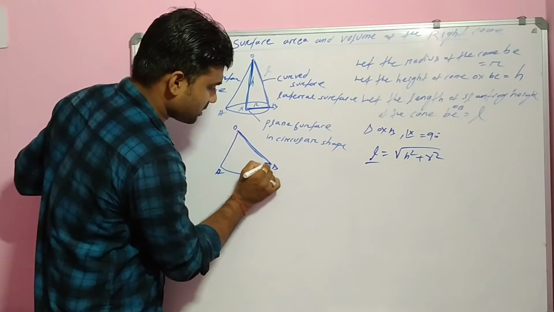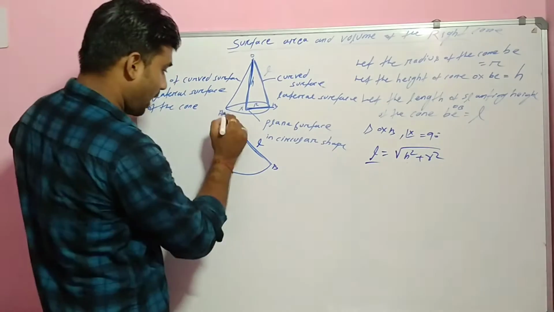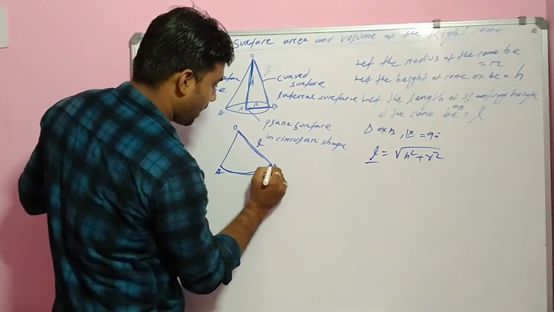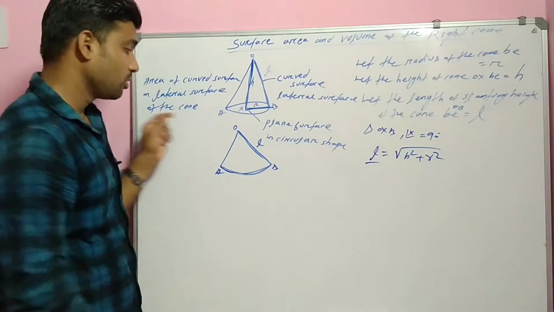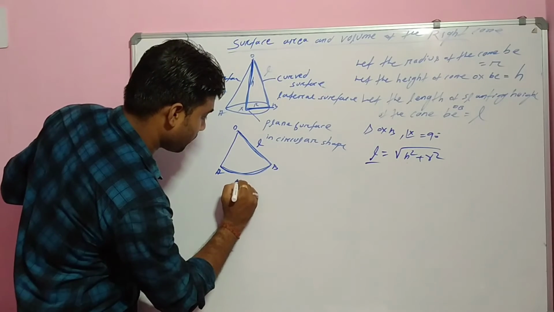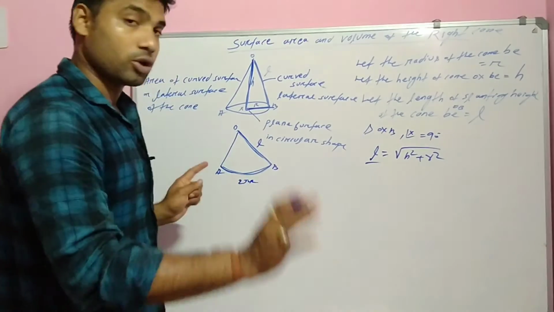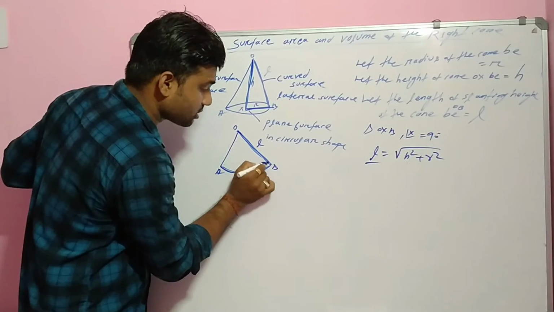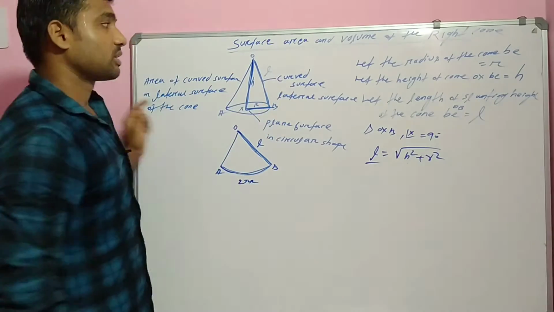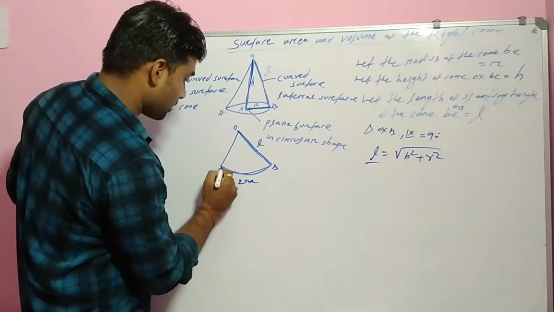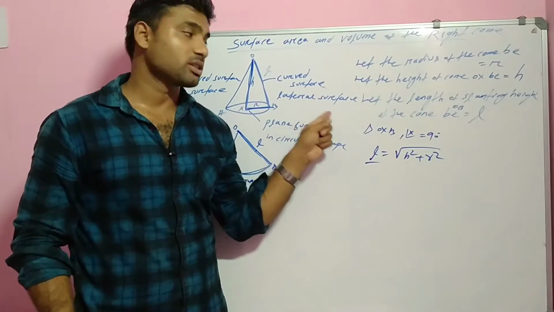The radius of this sector is equal to L, and the length of the arc is equal to the circumference of the base of the cone, which is 2 pi r. Understood? So the radius of the sector is equal to the slanting height of the cone, and the length of the arc is equal to the circumference of the base of the cone.